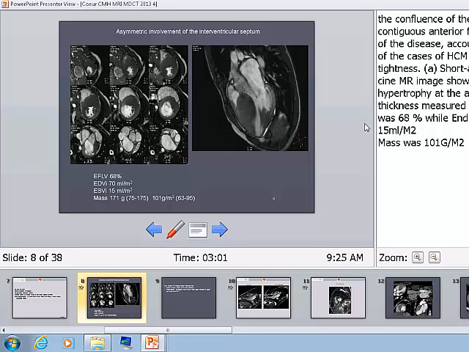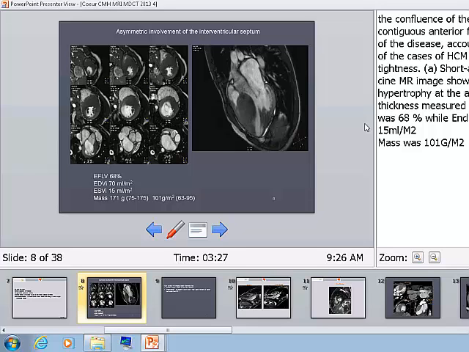This is a short axis view, and steady-state free precession cine-MR shows the asymmetric septal wall hypertrophy of the anteroseptal wall with the maximal thickness measured at 16 millimeters at end diastole. The ejection fraction of the left ventricle was 68%, and end-systolic volume was reduced.